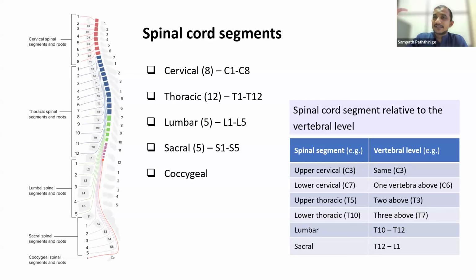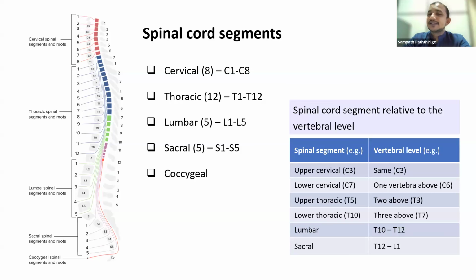So if it is the C3 vertebra, what you find there would be the C3 spinal cord segment. But if it is a lower cervical one, it will be one vertebral level above. For example, the seventh cervical spinal cord segment will be at the sixth cervical vertebral level, right?